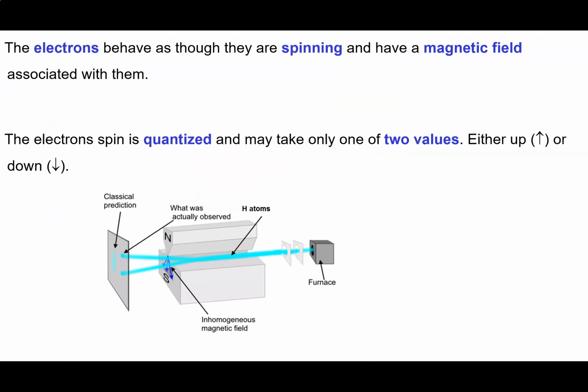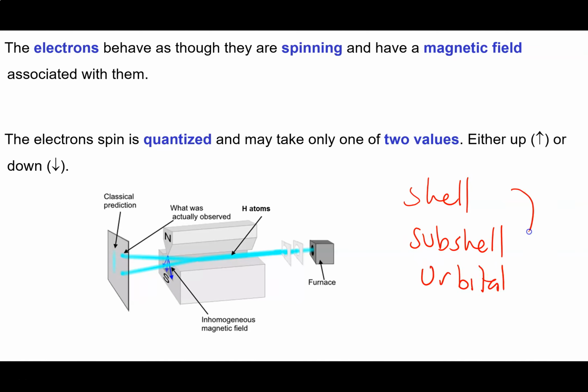Now, an electron has a shell, it has a subshell, and it has an orbital. And these 3 things, they don't tell you anything about what the electron is doing, they tell you about where the electron is. It turned out that Schrodinger had to include a 4th quantity, or a 4th property, that described what the electron was doing within the orbital.